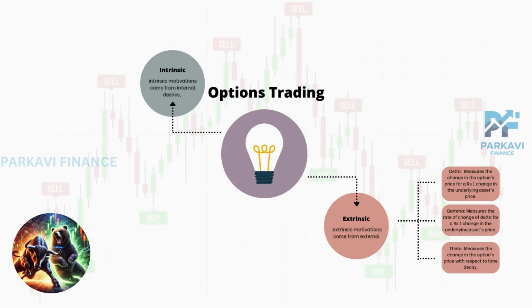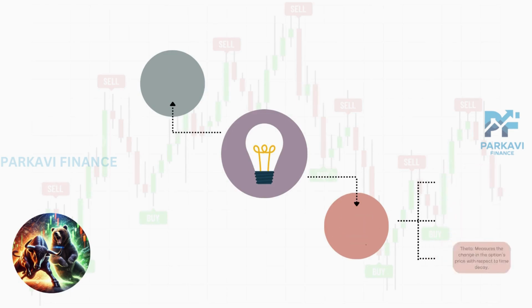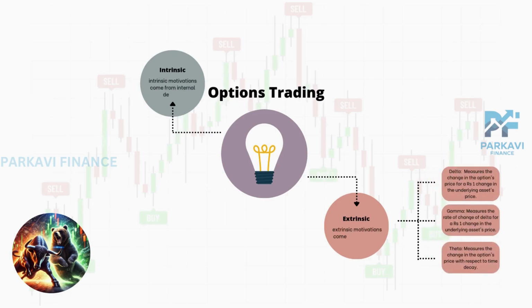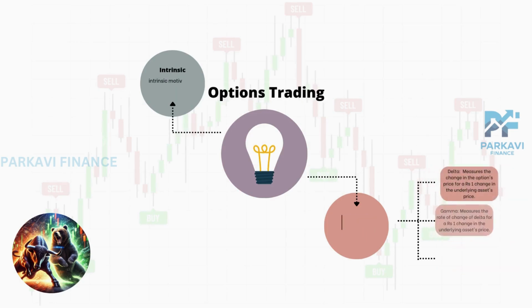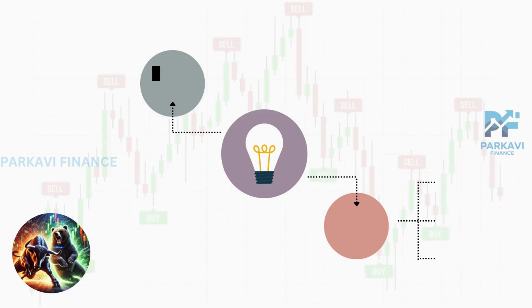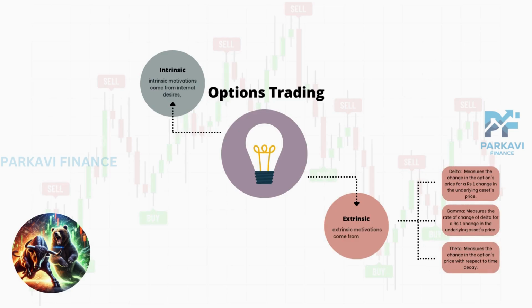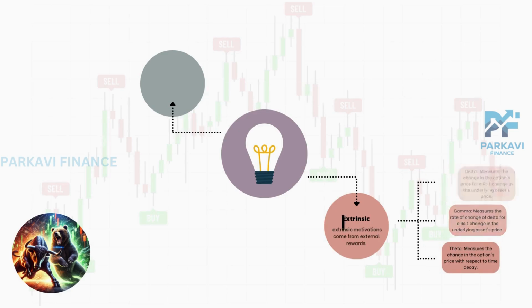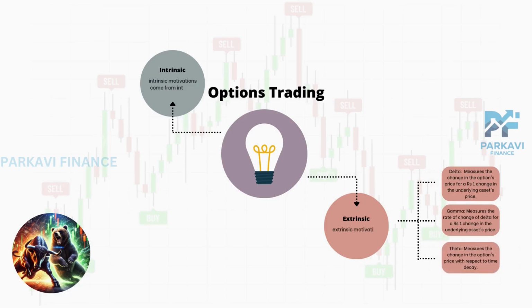Third one, theta. Theta measures the change in the option price with respect to time decay. This is the important one, time decay. One example: if a Nifty call option has a theta of minus 0.05, the option price will decrease by 0.05 each day.